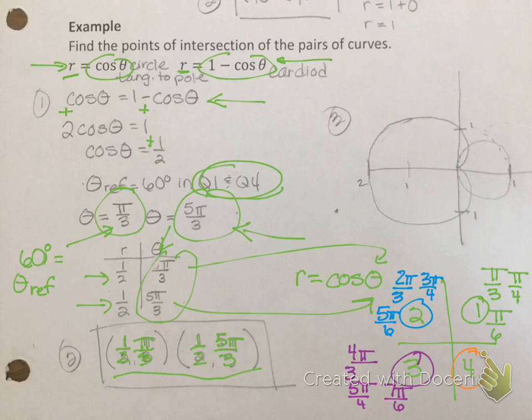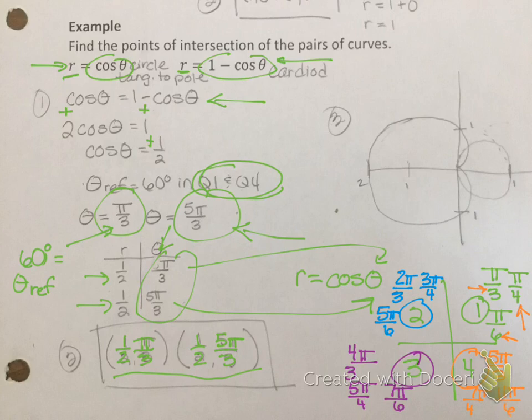We'll just call this Melissa's rule. So you need to double your denominator. That's 6. Subtract 1 from it. So 5 pi over 3. Double your denominator. That's 8. Subtract 1. So that's 7 pi over 4. Double your denominator. That's 12. Subtract 1. So that's 11 pi over 6.